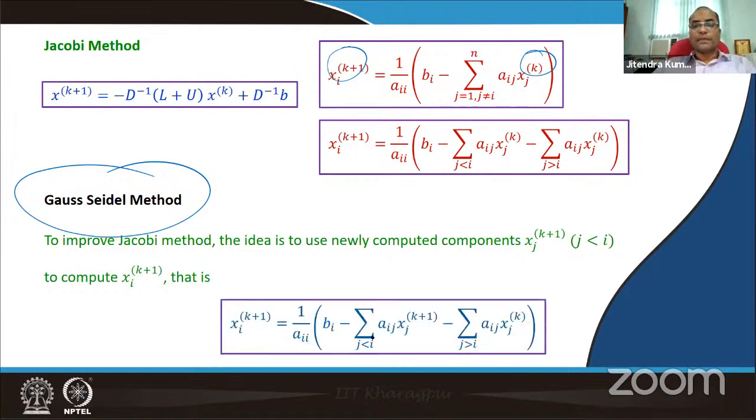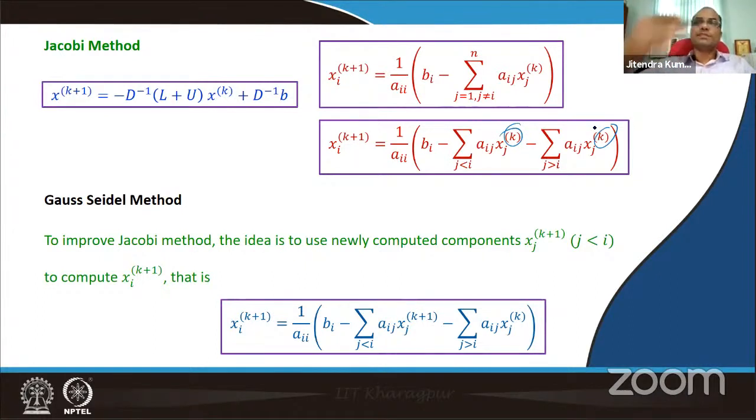That means for the ith component in the (k+1)th iteration, all the values before this i, that means j less than i, have already been evaluated, so let's use those values itself. So this is from the present (k+1)th iteration, while everything else was from the previous iteration.